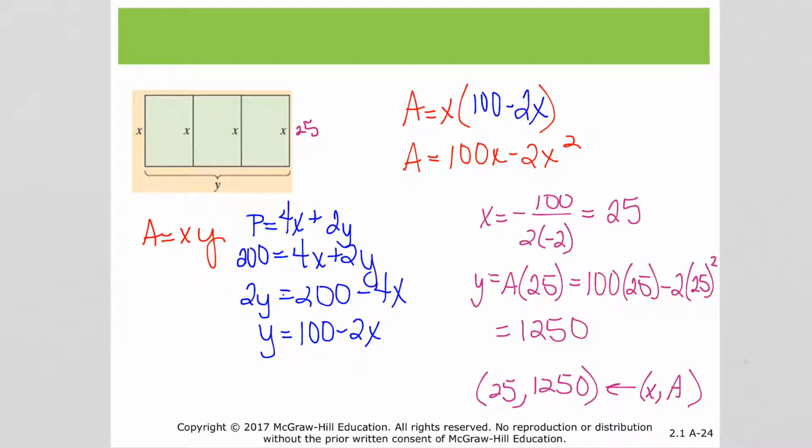Okay, so it says find the dimensions that should be used. Okay, so we just found x. How are we going to find y? Well, we know that our maximum area is now 1250, right? Area equals x times y, and our maximum area is 1250, and we know what x is. That's 25.